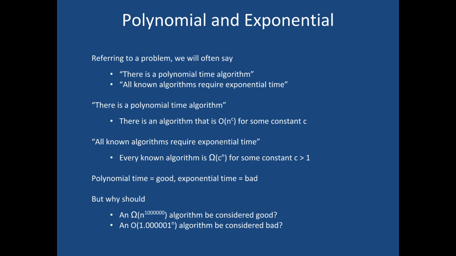Exponential algorithms generally come up because we're just trying every possibility. We don't know a better way to find the shortest Hamiltonian cycle, so we just find all the Hamiltonian cycles, an exponential number of them, and see which one has the least weight. And that's our solution. So brute force algorithms tend to be exponential running time simply because there are an exponential number of things to consider.